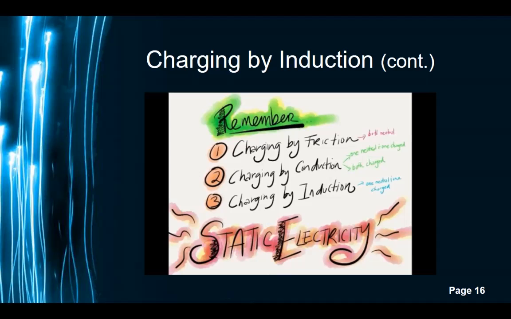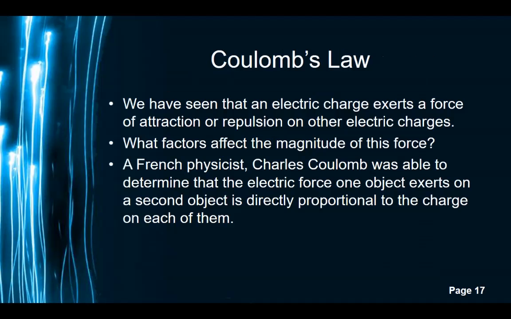And the way we calculate the force between two charged particles is using Coulomb's law. Now, we've seen that this force exists, and we even talked about an attractive force between two opposite charges, or a repulsive force that exists between two of the same charge.